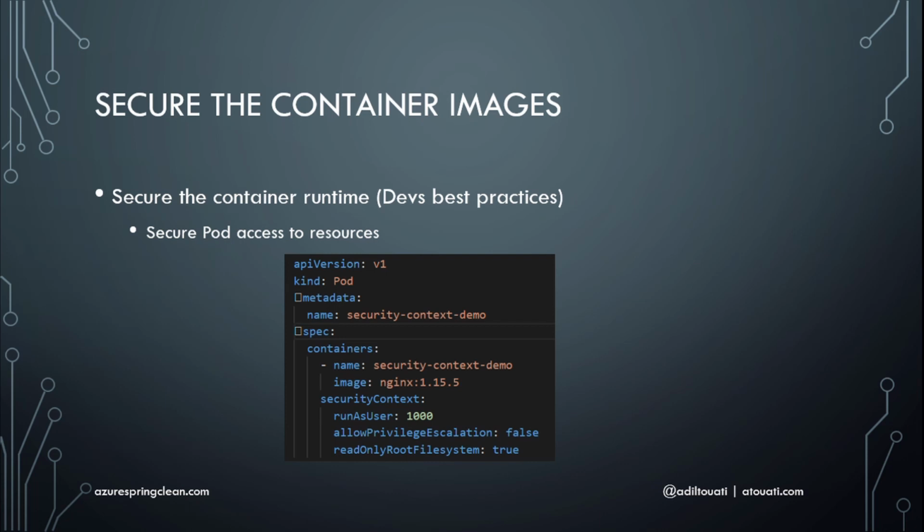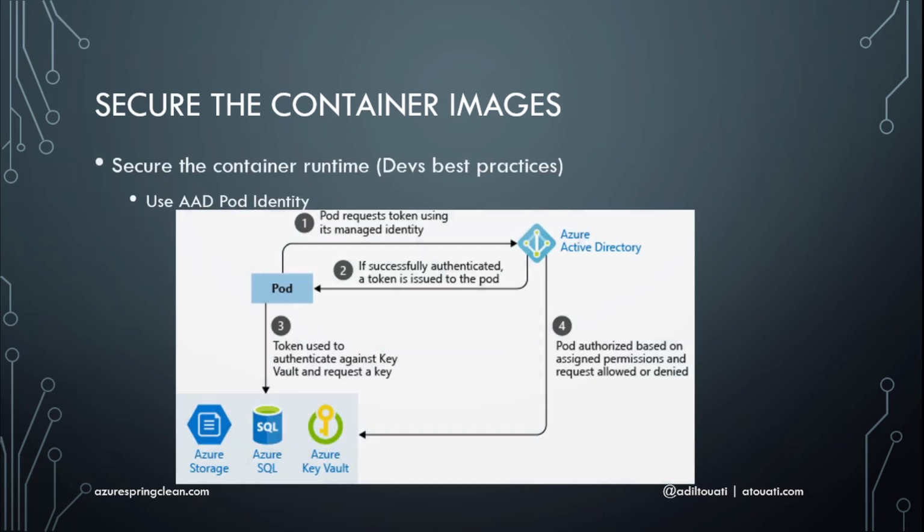Another option to secure pod access to resources is to use Azure AD Pod Identity. A managed identity for Azure resources lets a pod authenticate itself against Azure services that support it, such as storage or SQL Server database. The pod is assigned an Azure identity that lets them authenticate to Azure Active Directory and receive a digital token.